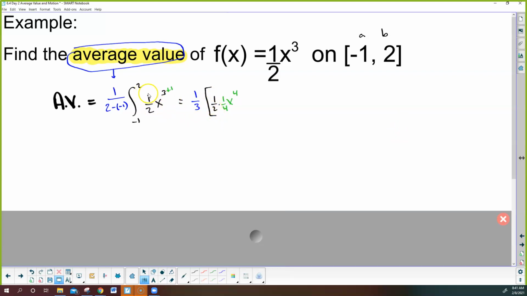Now we could have, by the way, written the 1/2 out here and done it as 1/6, and then deal with the green part. Or, since I know these are fractions, those are going to combine together anyways. But there's the antiderivative. If you're not sure on that, you could take the derivative of this and you would get back to where we started. But then I have to evaluate from -1 to 2, just like we did in the warm-up.